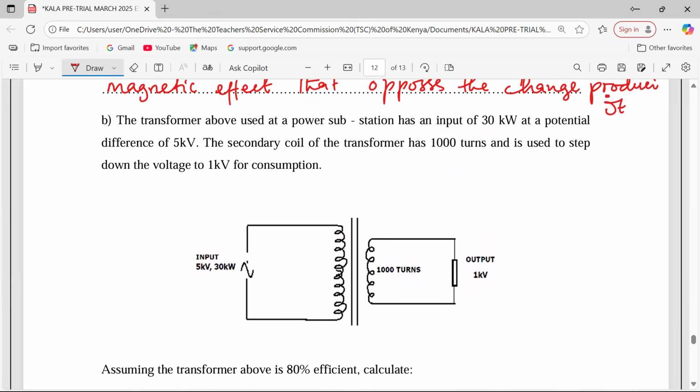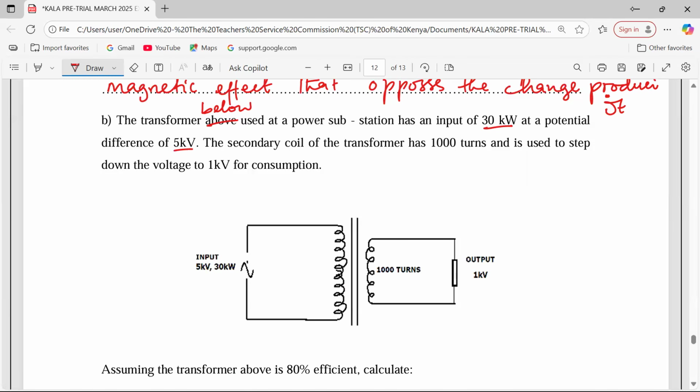The transformer above should be below. The transformer below used to power a substation has an input of 30 kilowatts. That is the input power, at a potential difference of 5 kilovolts.